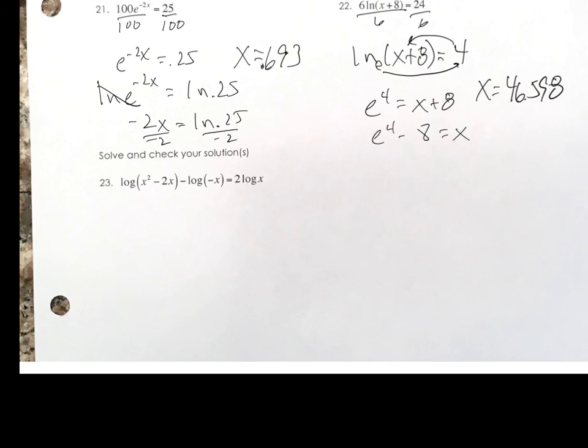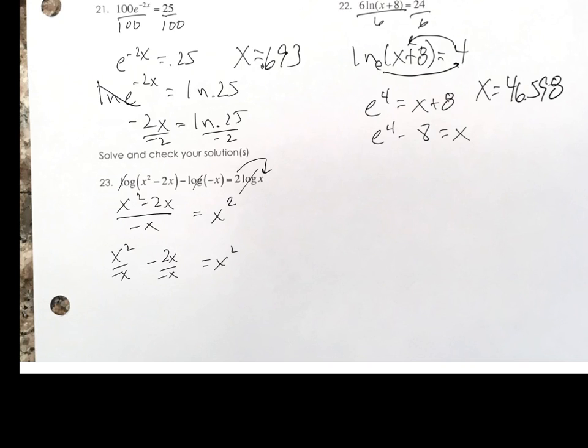And number 23. Subtracting is dividing. These are all logs. They're all going to be gone. X squared minus 2x over negative x is equal to, put this back together, x squared. I'm going to actually divide this out. This is x squared over negative x minus 2x over negative x.